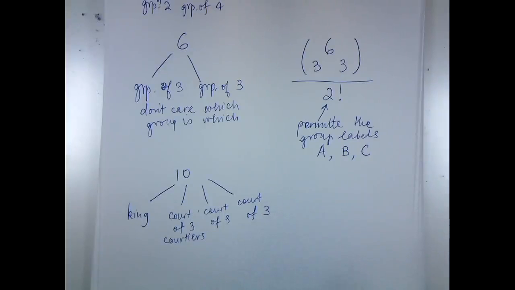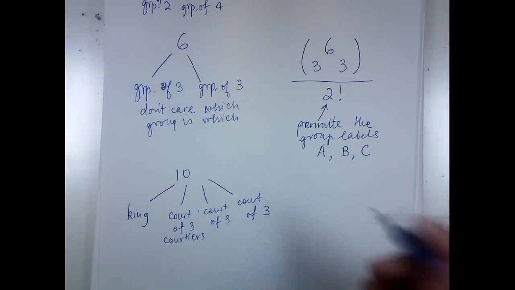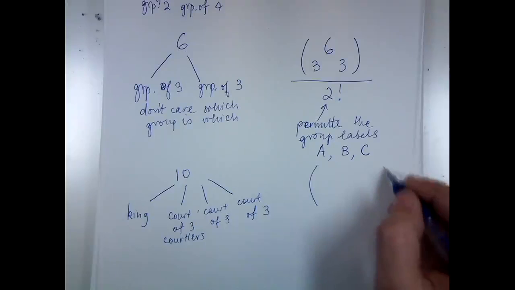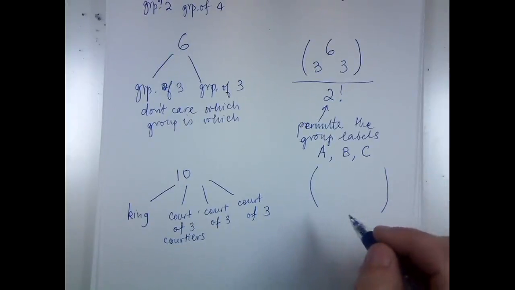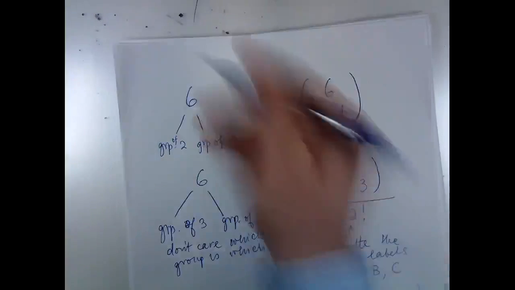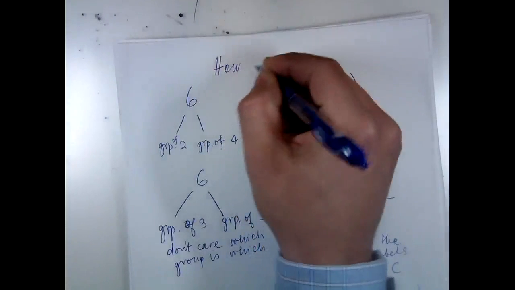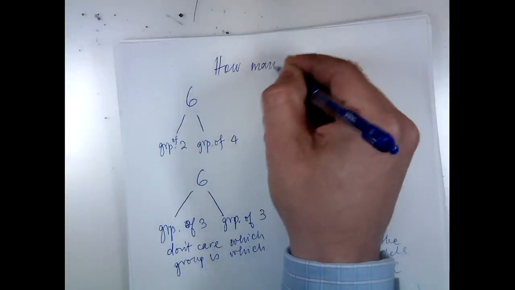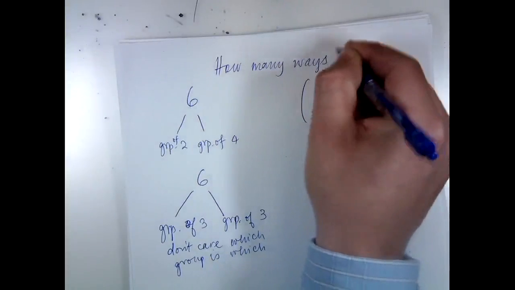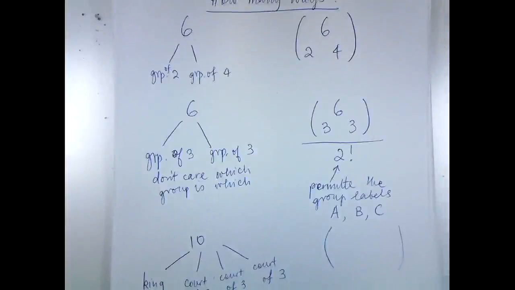Suggestions? Multinomial coefficients are a good starting point, and I won't even ask you to evaluate the multinomial coefficient. Of course, the title of this would always be how many ways. That's what combinatorics is, how many ways.